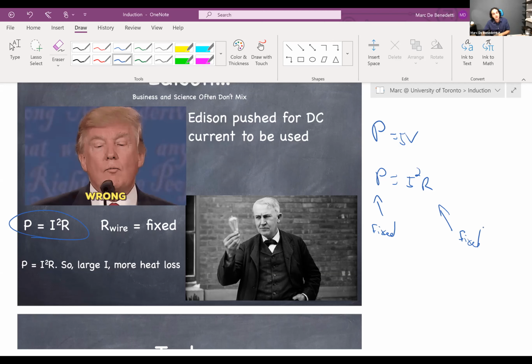So this equation says the only way to obtain high power is high current.